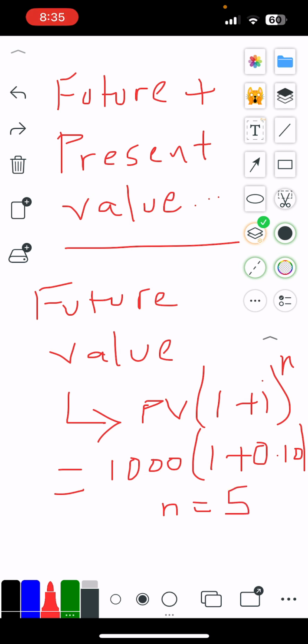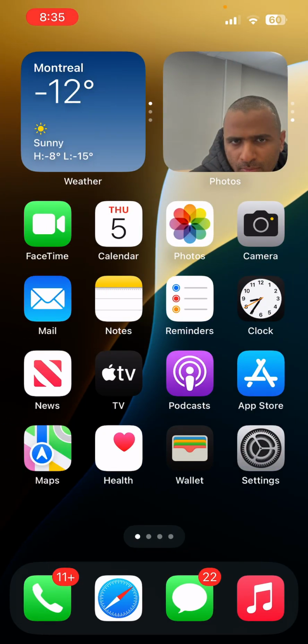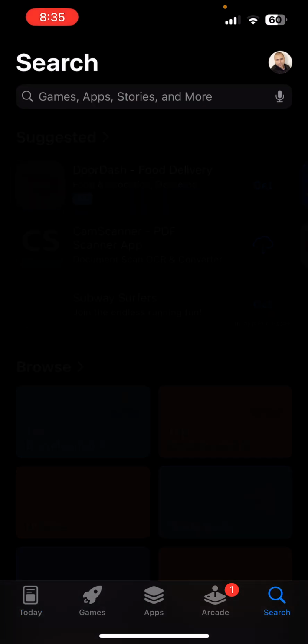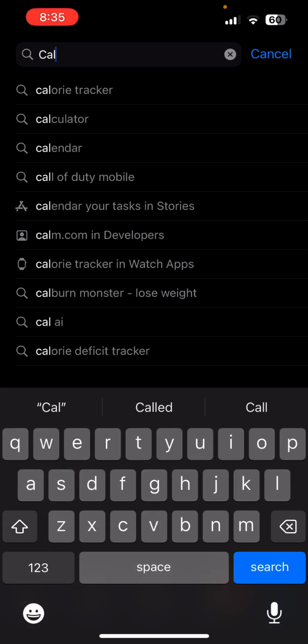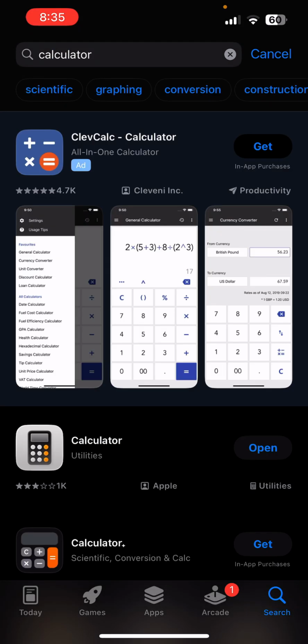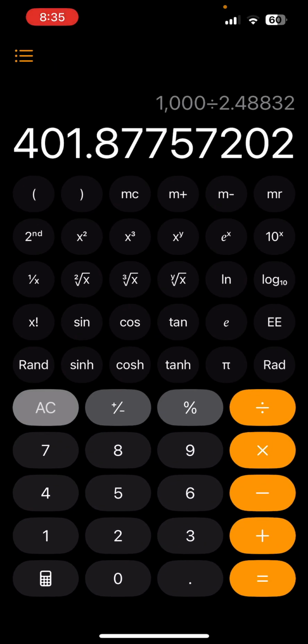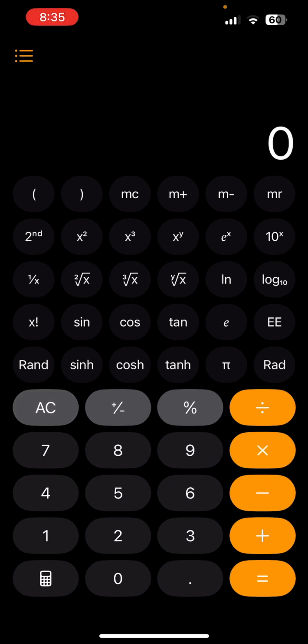Now, if you do the math on a scientific calculator, let me pull up scientific here. All right, so suppose this is your scientific calculator. If you do the math, let's say you did lend $1,000.